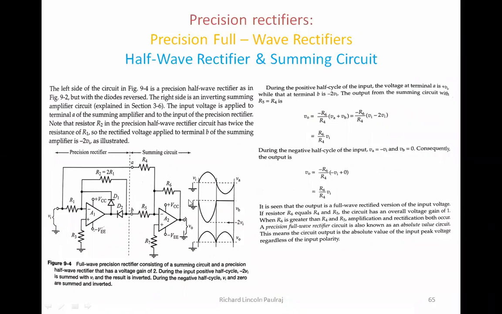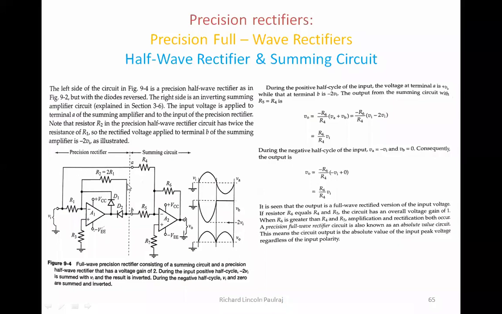This one also has negative feedback with the help of R6. As usual, I have R1, and R7 here for the non-inverting terminal connected to ground. Note that the resistor R2 in the precision half-wave rectifier circuit has twice the resistance of R1.